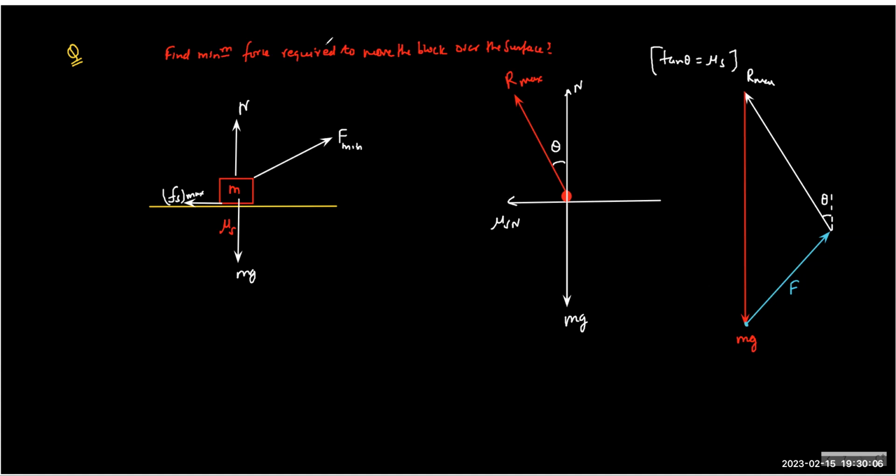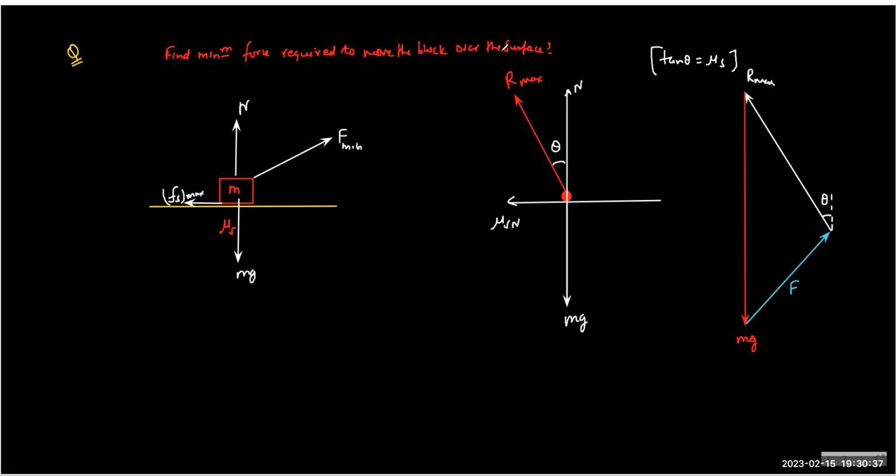If I make mg bigger, the line becomes even bigger. If I make mg smaller, the line is something like this. So the minimum distance has to be perpendicular.